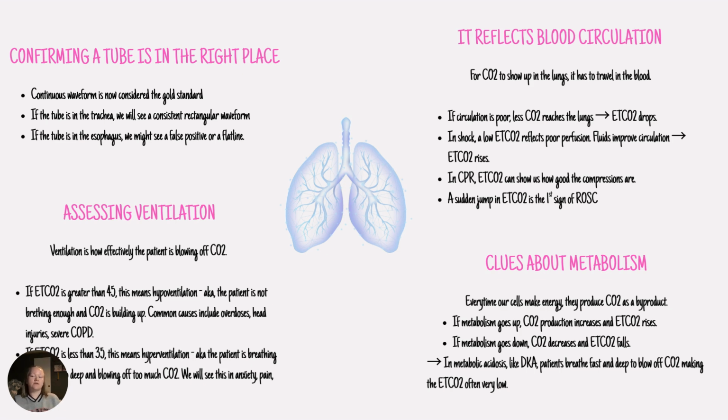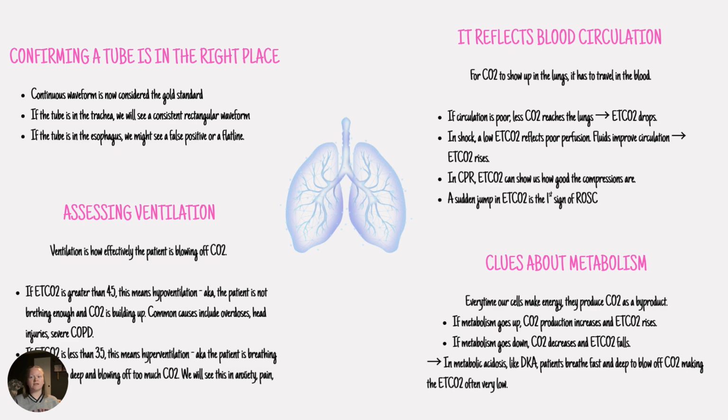If the end tidal CO2 is lower than 35, this could mean hyperventilation. So again, that patient is just breathing too fast or too deep to blow off that CO2. You might see this in anxiety, pain, or DKA, diabetic ketoacidosis. Capnography gives us this information breath by breath in real time, much faster than pulse oximetry can.